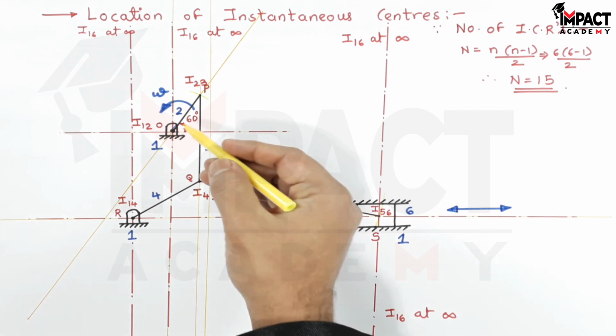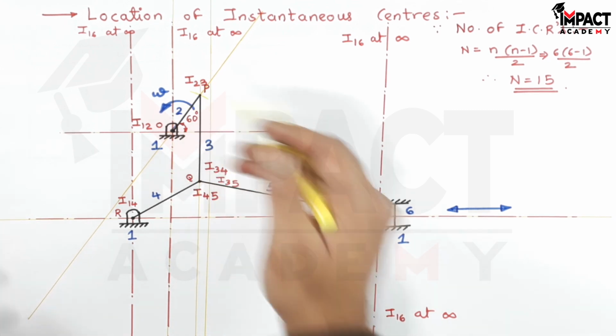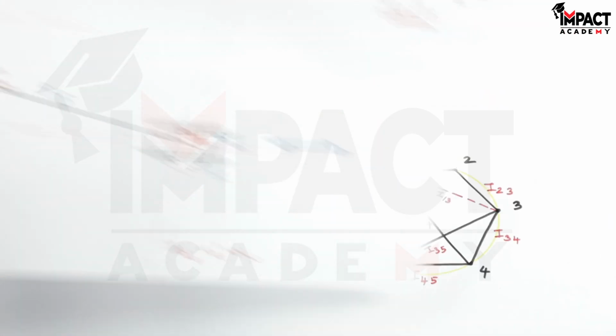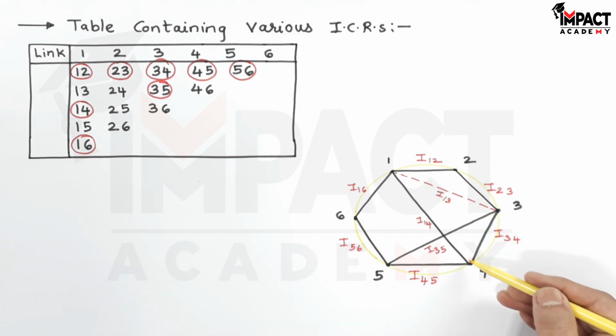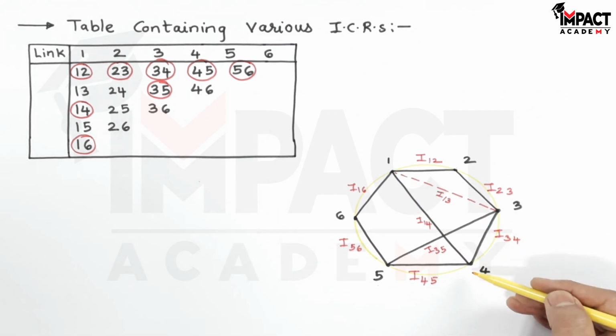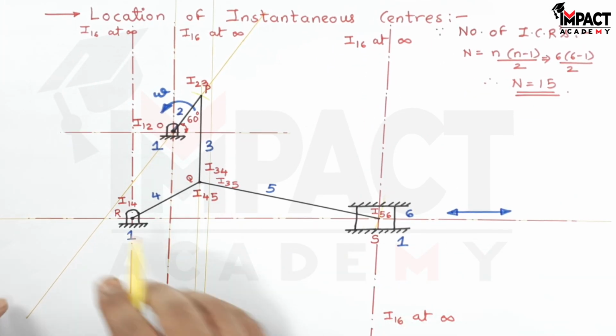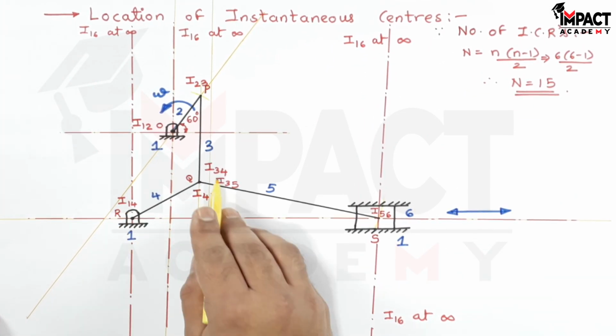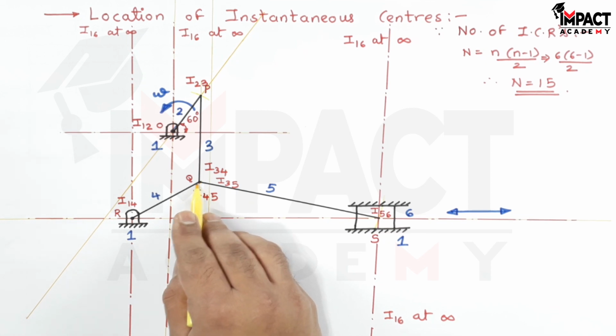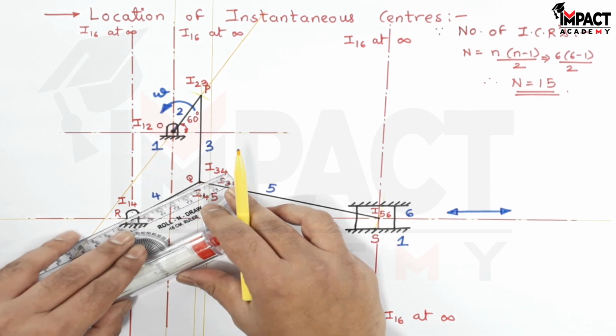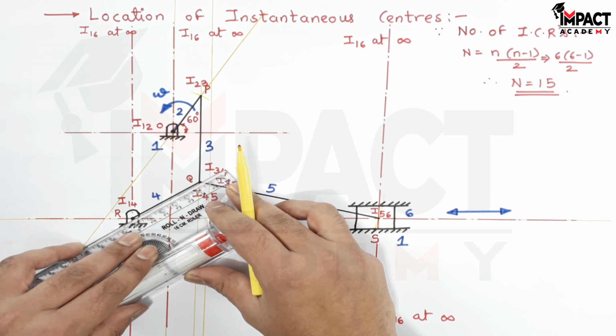Then after projecting I12 and I23, the other set of line would be from I14 as we see here and I34. So here we have I14, and then there is I34 over here. Projecting it light and bringing it in contact with this line.